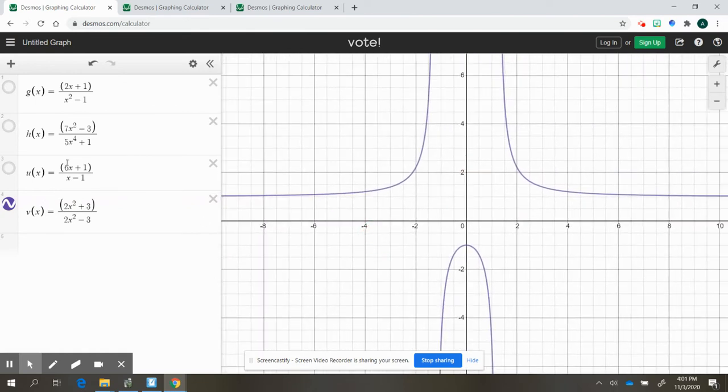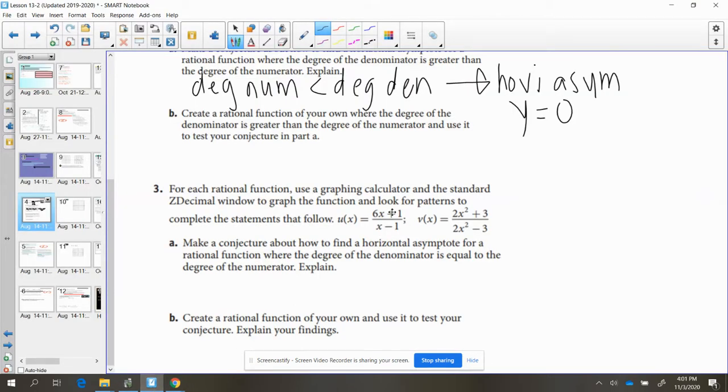So what we're seeing is that if we reduce the leading coefficients, so 6 divided by 1, that was our horizontal asymptote. It was at y equals 6. And then here, if we reduce this, we ended up having one that was at 1, because the coefficients 2 divided by 2 was 1.